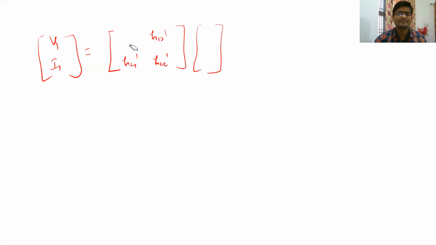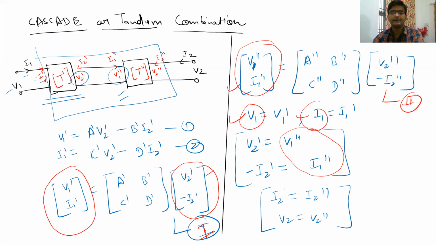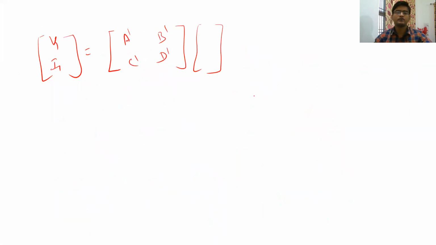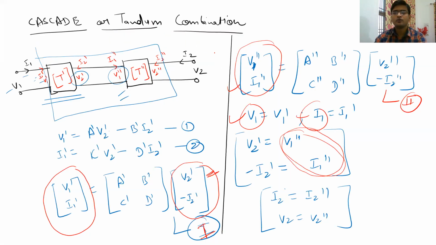Sorry, this is the ABCD parameter, not the hybrid parameter, all single dash. Now we will be replacing this with V1'' and I1''. Also, from the second equation, you have V1'' and I1'' as this, right?